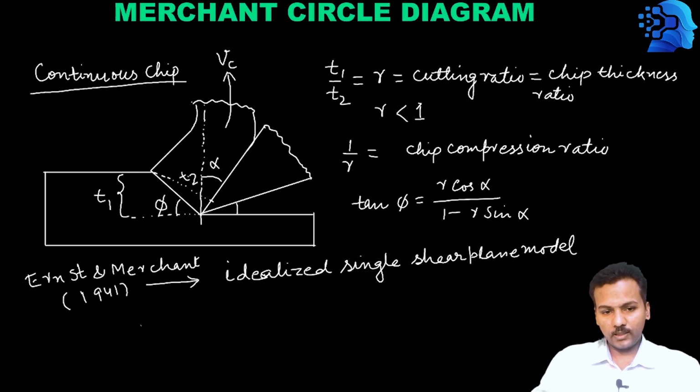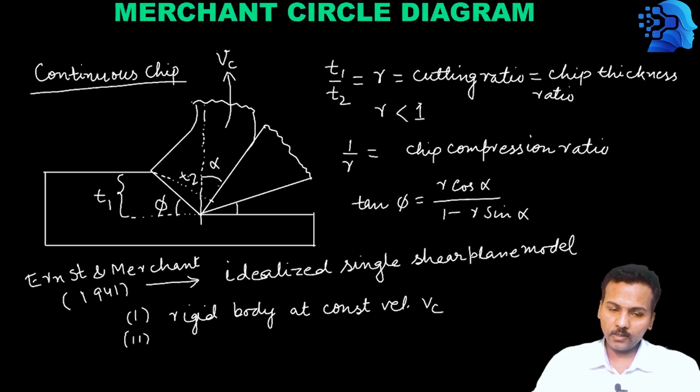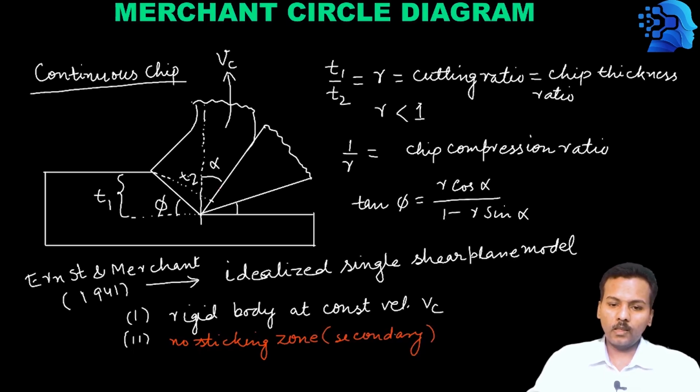The first assumption is that the chip is a rigid body flowing at a constant velocity of Vc. The second assumption is that there is no secondary shear zone formation in contact with the tool, no sticking zone formation, and no built up edge formation.